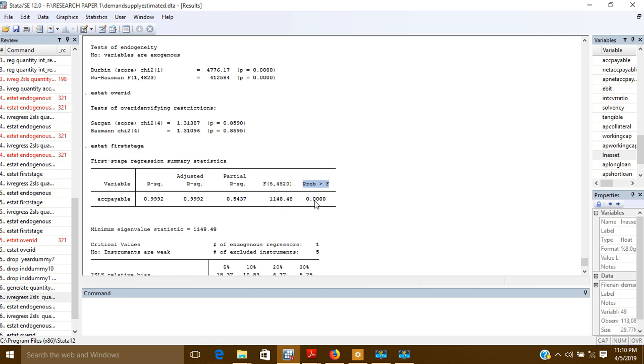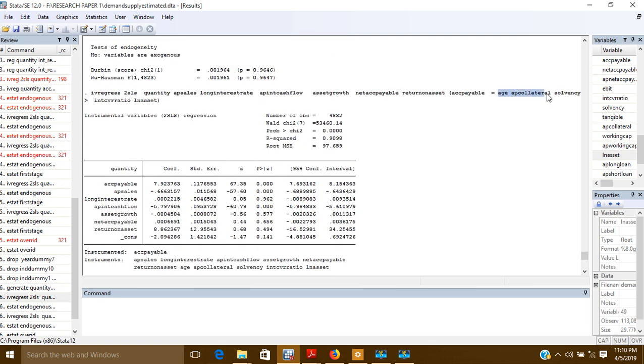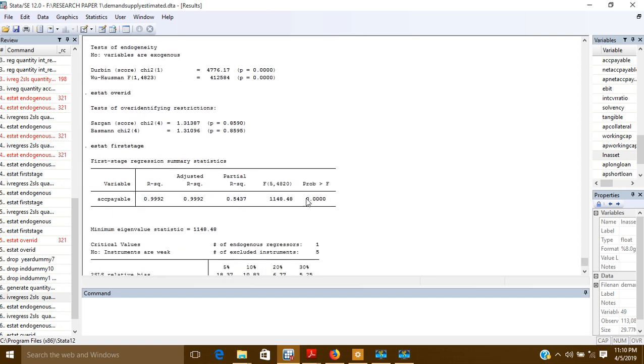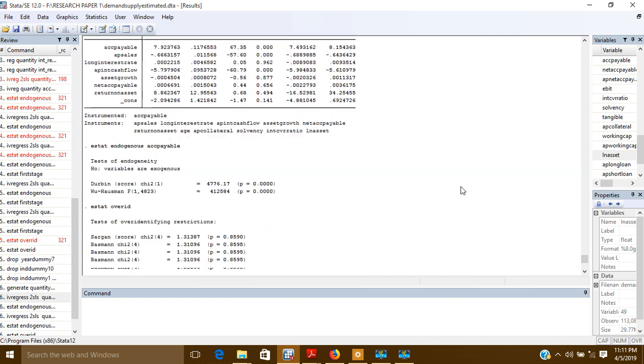If this value comes out to be insignificant, it means that these instruments which we have used instead of account payable don't have any explanatory power, and they cannot be used as instrumental variables in place of account payable. So if this value is significant, as here, it means that the variables which we have used as instrument variables are explaining this endogenous variable very well.